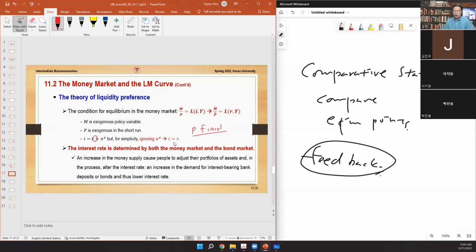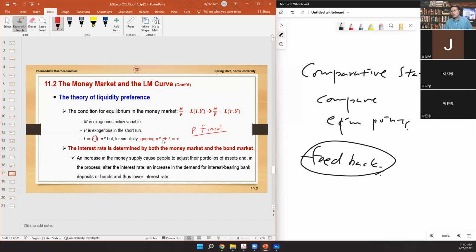That means when you combine this IS and LM together, the technical or mathematical problem is that our vertical axis could be different. One of them is a nominal interest rate, the other is a real interest rate. If so, we cannot draw two lines together technically, but after having this additional simplifying assumption, now technically we can draw two lines together.